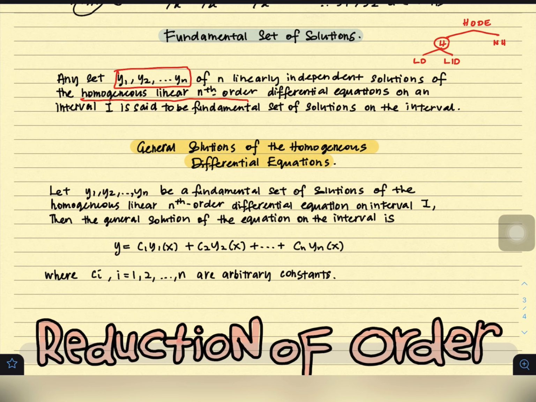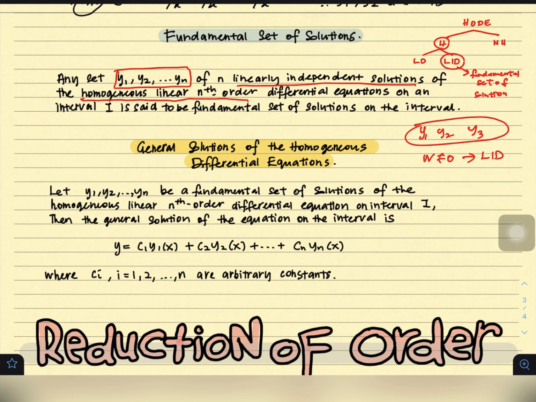Okay, so solution yang linearly independent kita panggil dia sebagai fundamental set of solution. Katakanlah kita ada 3 solution Y1, Y2 dan Y3. Bila kita check Wronskian value is not equal to 0 means our solution is linearly independent.